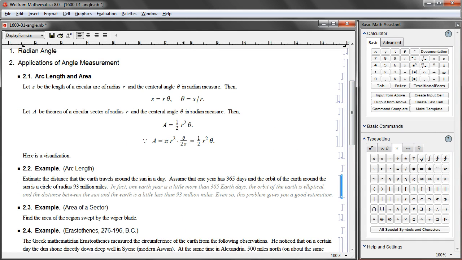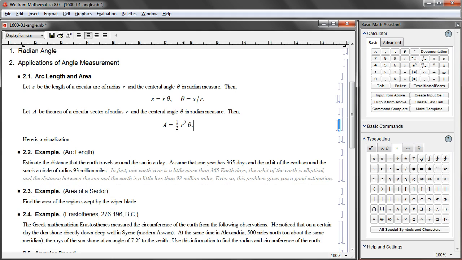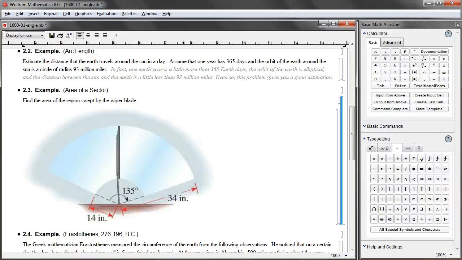Now let's move on to a problem where we'll have to utilize the area formula. Find the area of the region swept by the wiper blade, and here's a picture. The region swept by this wiper blade is not really a sector. We have a large sector with radius 34 inches and a small sector that is left behind, 14 inches.